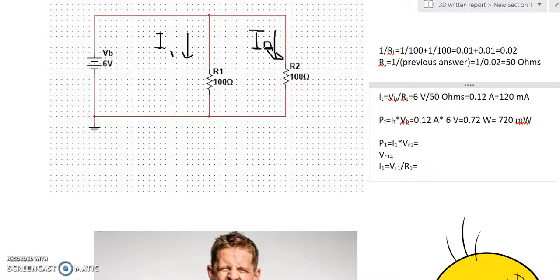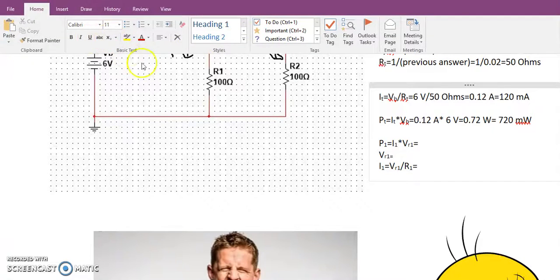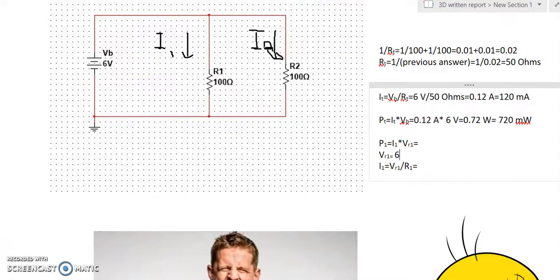Okay, well, this is a parallel circuit, so V of R1 is going to be just 6 volts, because in that particular loop, we have only 2 circuit elements, the battery and R1 itself. So this one is 6 volts. And then I'm just going to use this 6 volts and divide it by 100 ohms. And I'm going to get 0.06 amps or 60 milliamps.